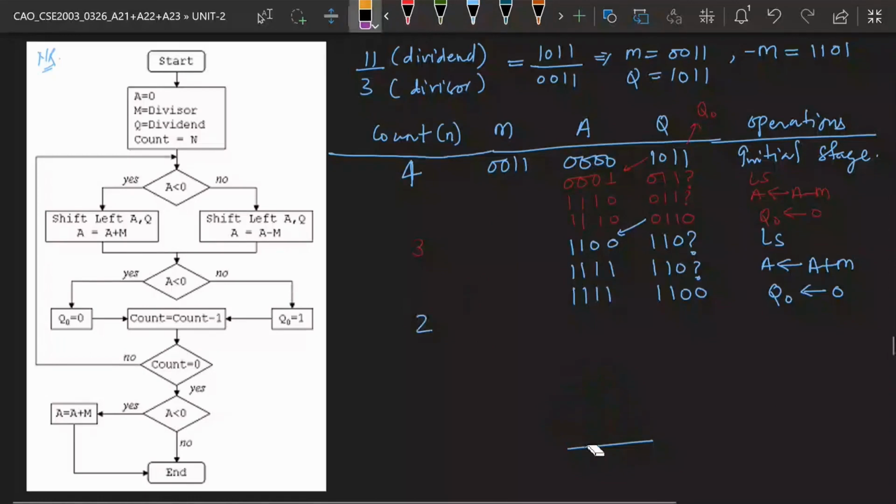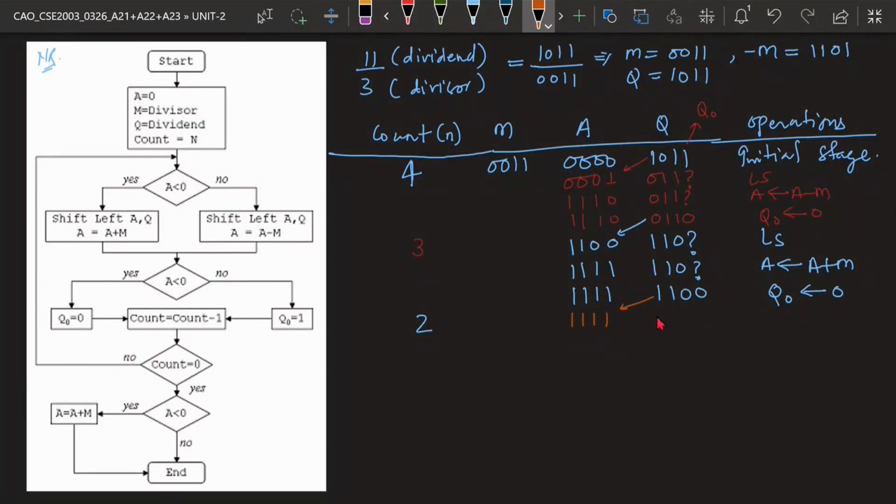Now we should be moving to the next loop, the next iteration. In the next iteration, again we should be checking the value of A. Again it is negative, so it satisfies the yes side, left shift. So we should be doing the left shift. It is going to have 1, 1, 1, and this 1 will come here.